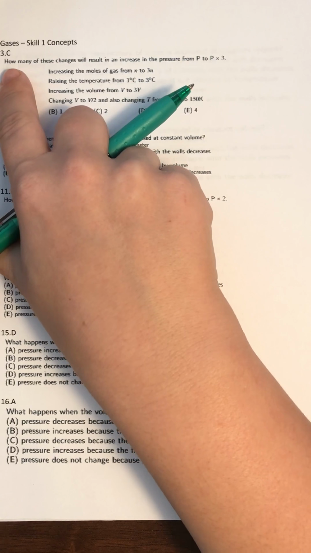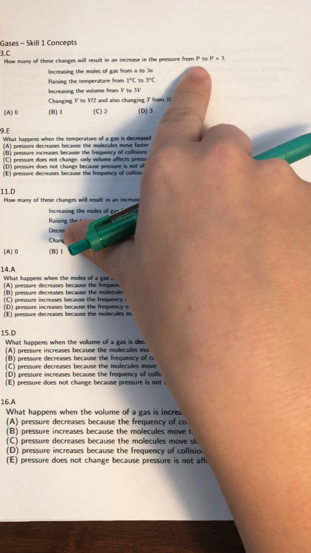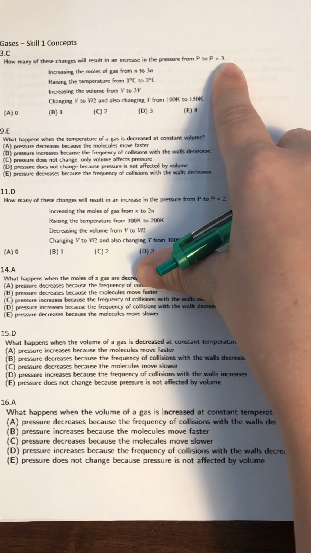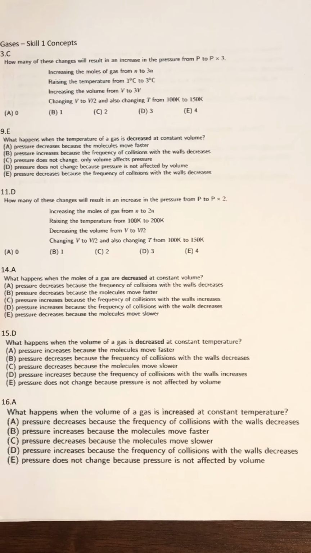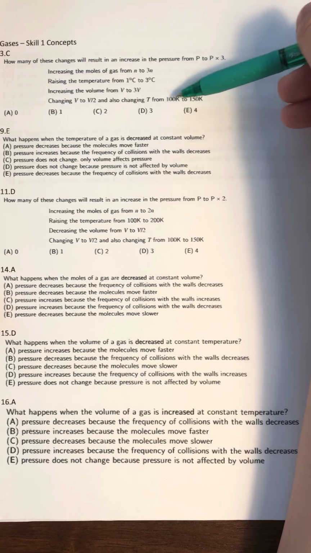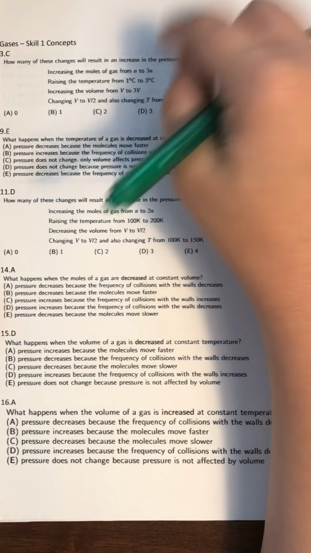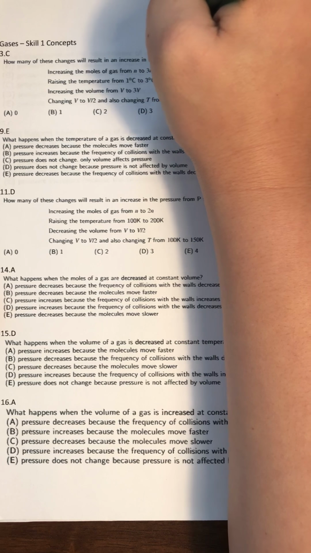So let's look at this first one. How many of these changes will result in an increase in the pressure from P to 3P? So 3 times the pressure. If I look at my answer choices, I see it's talking about moles, temperature, volume, temperature again, and volume. So all of these things can most likely be related in the ideal gas law, right?